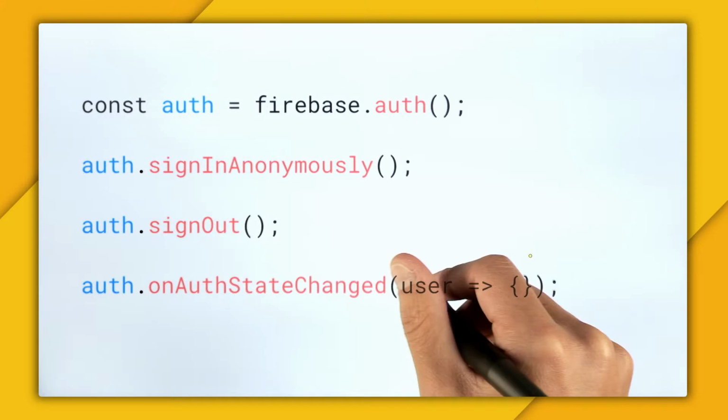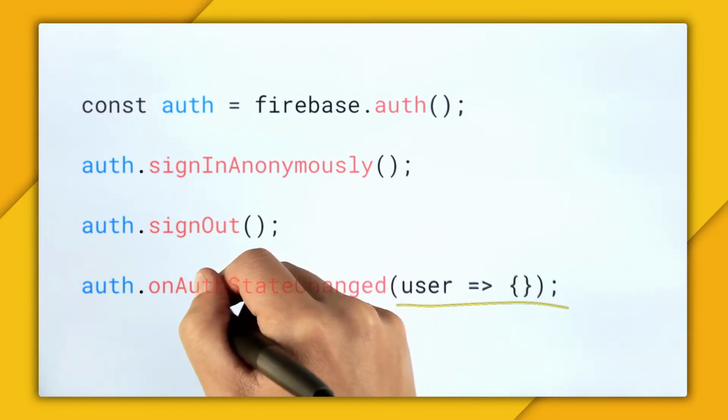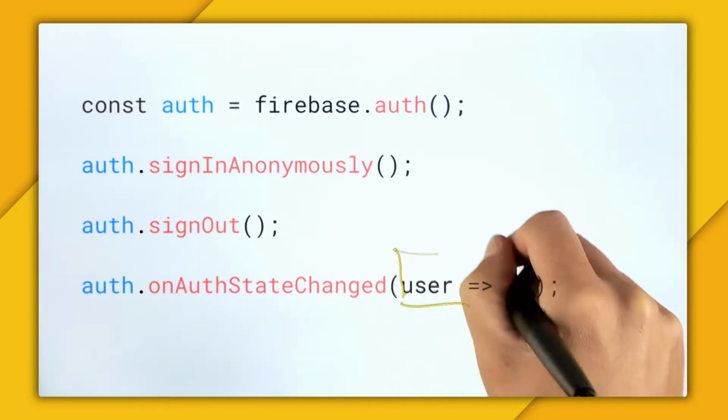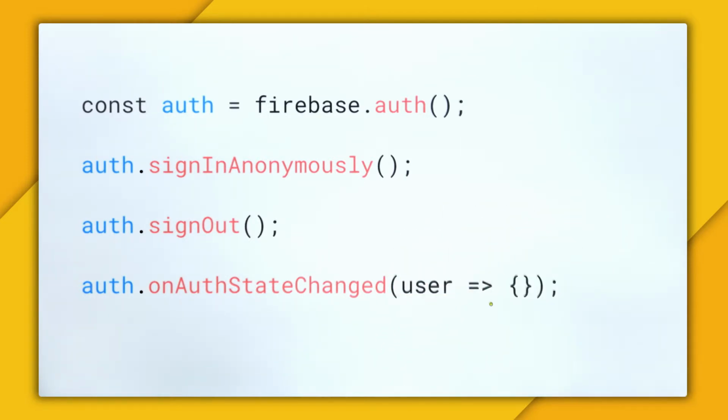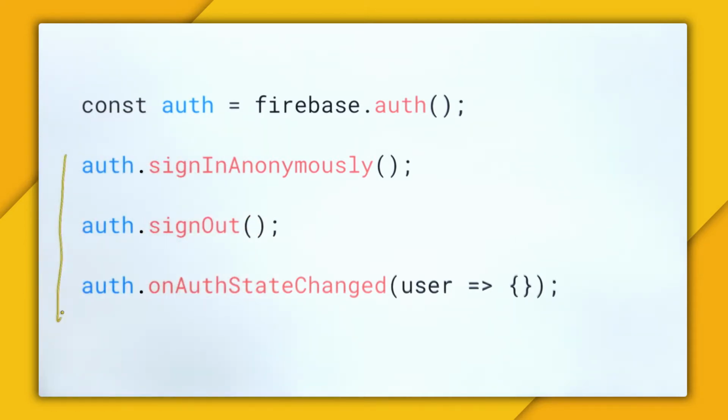And this takes in a callback. This callback fires off every single time there is a change in our authentication state, hence onAuthStateChanged. If no one is logged in, this user parameter will be null. But if someone is logged in, it will be populated with the current user. So let's do a little demo app to see how all three of these methods work together.